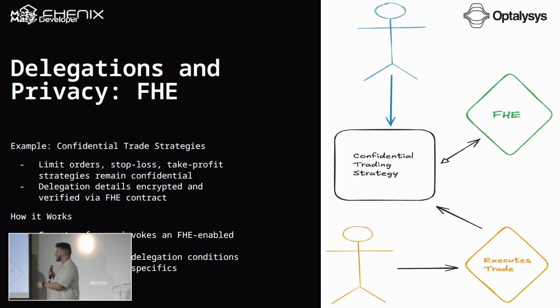So yeah, this lays it out with our little stick figures again. Blue Man makes this confidential trading strategy using FHE caveat enforcers for the delegation framework. Orange dude says, "Yep, I want to execute on this," because they know how it works, what the actual trading strategy is.